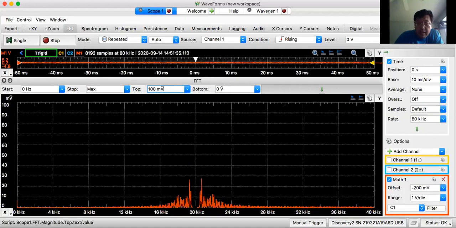In the old days, before computers, this would be an analog filter. So we will build an analog filter. And after passing through this analog filter, usually called a trap, it will trap the 20K.